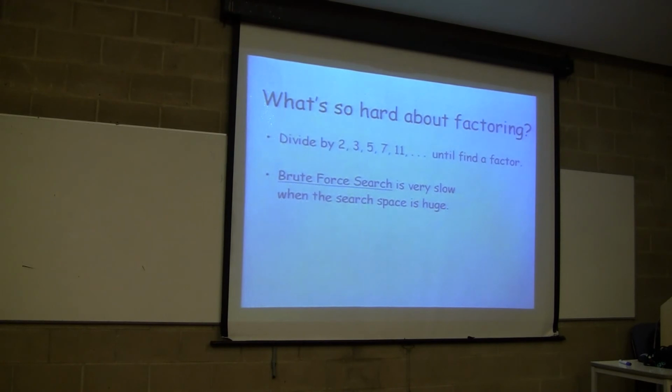You can confine yourself just to the prime numbers to save yourself a little bit of time anyway. And you try dividing by 5, 7. If at any point you find one of those numbers that divide evenly into the number you're trying to factor, then you've got a factor, and you can stop there.